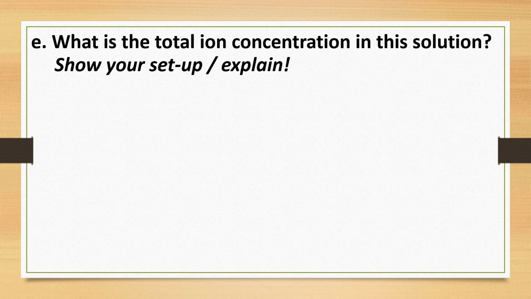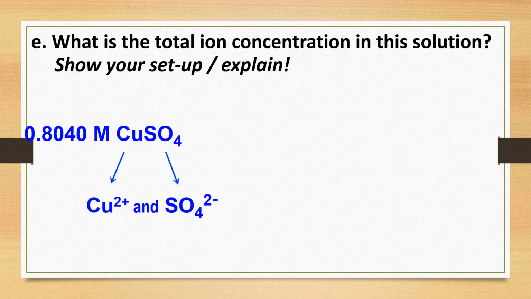Before you determine the ion concentration, you have to identify how many ions make up your molecule. In our case, we have copper as our positive ion and sulfate as our negative ion. That means each mole of our molecule gives 2 moles of ions.